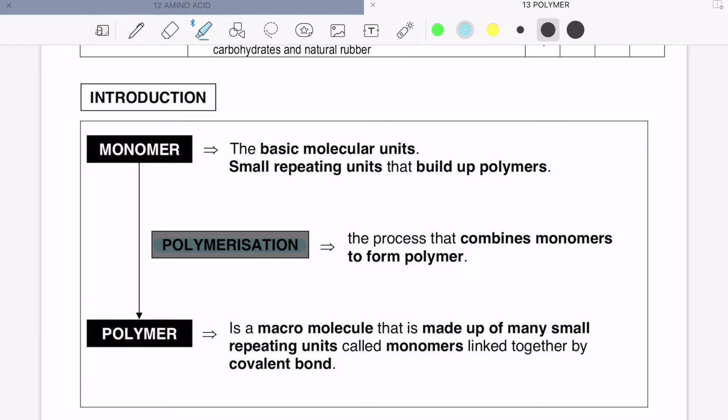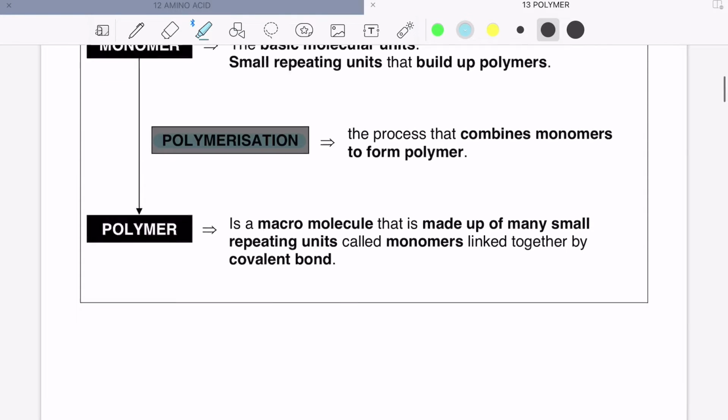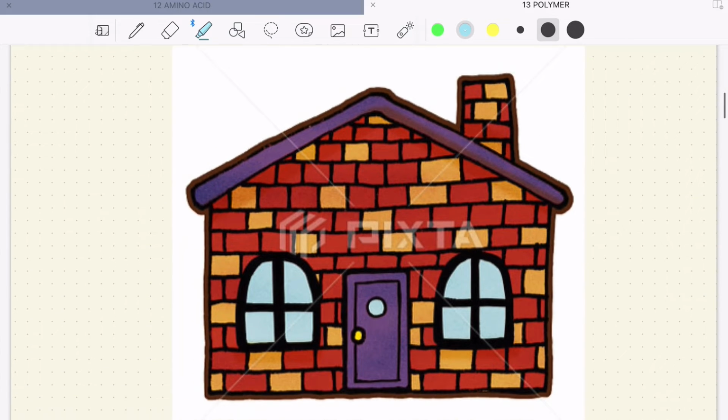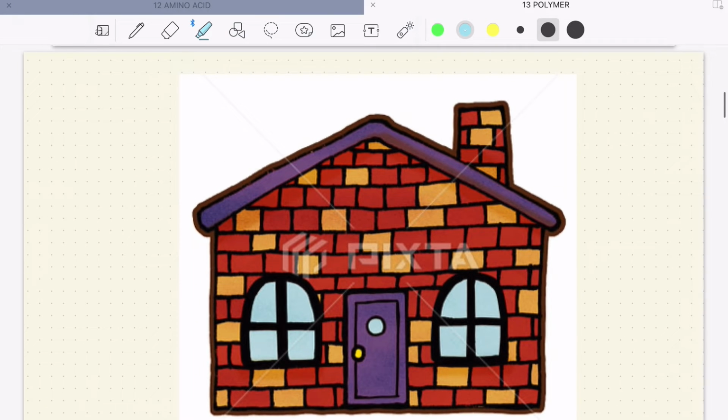Now, if I can illustrate in other ways. Okay, now we have here a brick house, and all these bricks are monomers. Each of the bricks is the monomer.